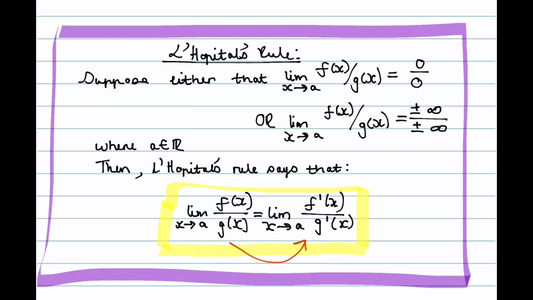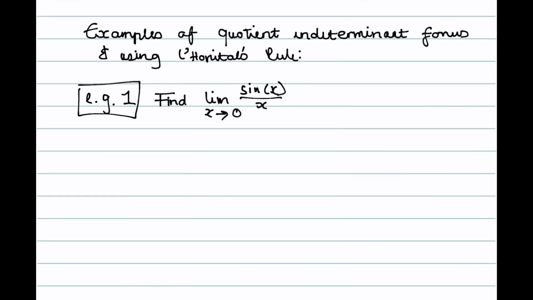So let's look at an example. Say we want to find the limit as x approaches 0 of sine x over x. And these are examples of quotient indeterminate forms. If we find this limit just by plugging in 0, we're going to get 0 over 0, which is one of our indeterminate forms.